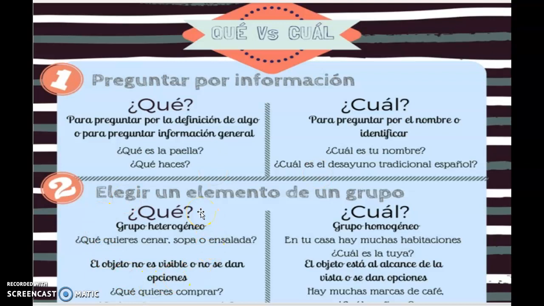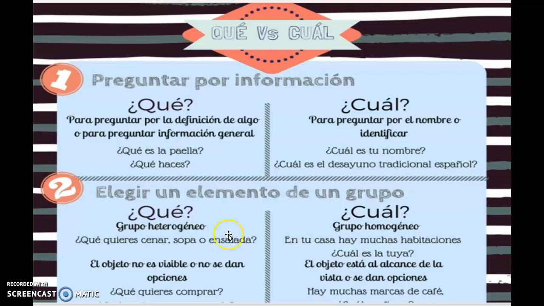Now, you can also use this to choose an element from a group. ¿Qué quieres cenar? ¿Sopa o ensalada? So this is from a group of meals that you have to choose from, but this might be un grupo heterogéneo. So maybe you're going to say soup or pasta or salad, which is not really something anticipated in one category.